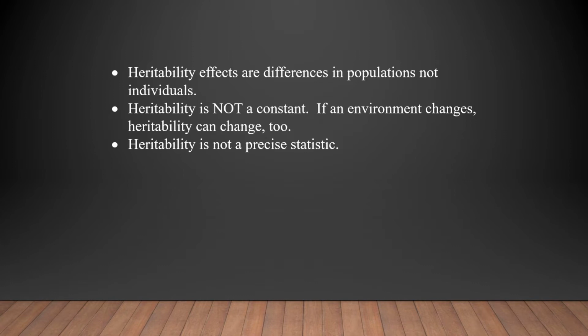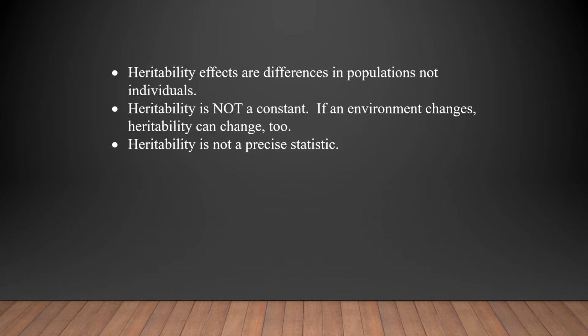That average height might be 5 feet tall. Within that population, there could be someone who's 6'2". Okay, so the heritability, though, we know about the genetic patterns, do hold up for the population in spite of individuals having differences.